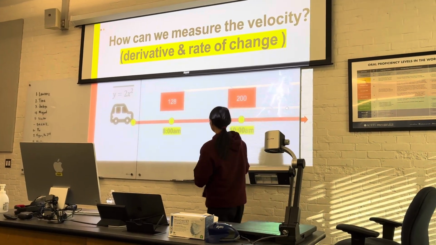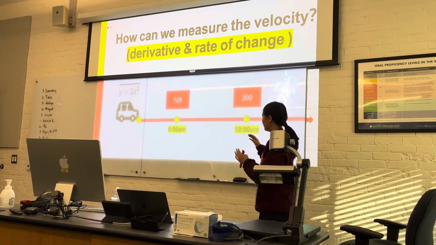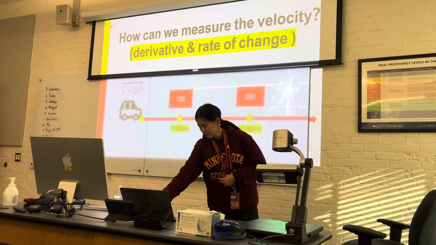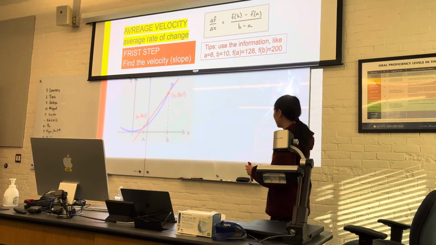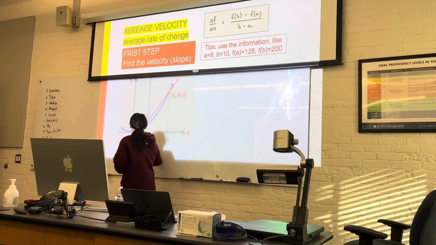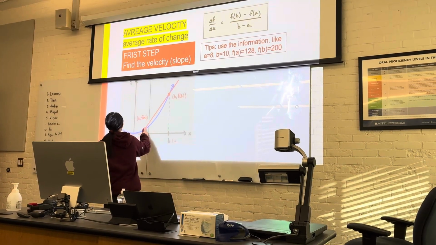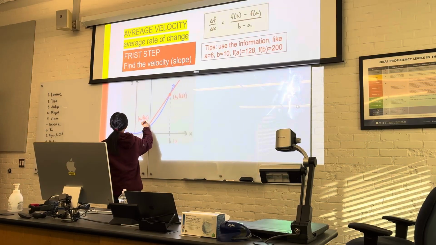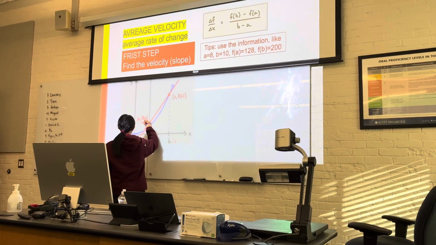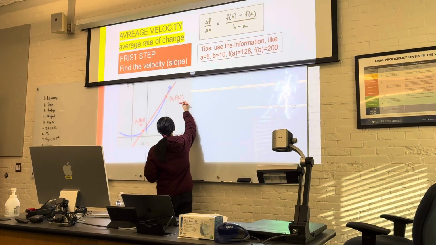We can use these four pieces of information to measure the velocity. The first step, we can use the 8. This is 8 a.m. and this is 10 a.m., and these positions are 128 and this is 200.